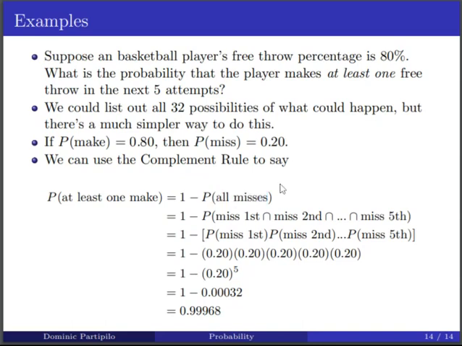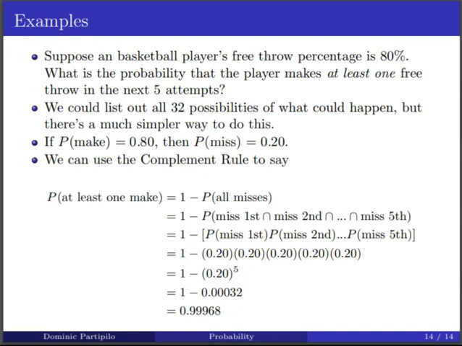And this makes the problem a lot simpler because we could use the complement rule to say that the probability of at least one make is equal to 1 minus the probability of missing all of the baskets. And this right here is a lot easier to work with than this right here.